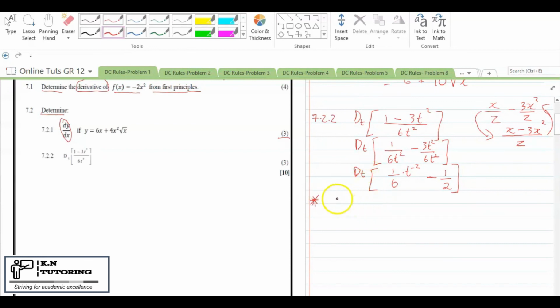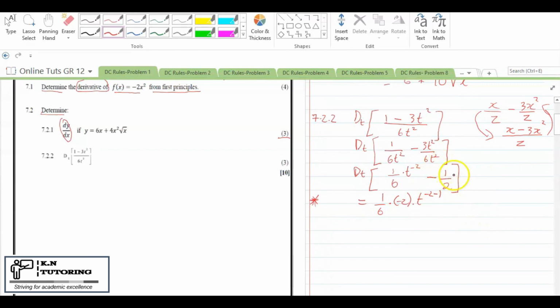For this notation, you don't write dy/dx, you don't write y prime, you don't write f of x, you just write equals to show that now you're applying rules of differentiation. Okay, we know that this will be 1 over 6 multiplied by minus 2 multiplied by t to the exponent minus 2 minus 1.